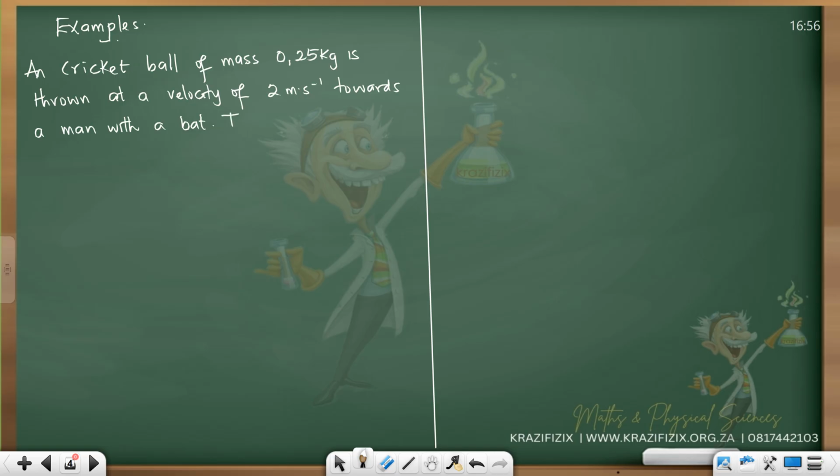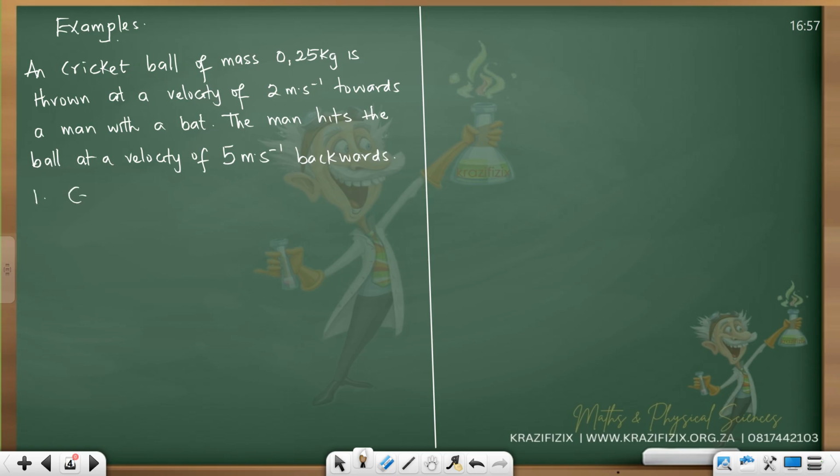So the man uses or hits the ball at a velocity of 5 meters per second backwards.